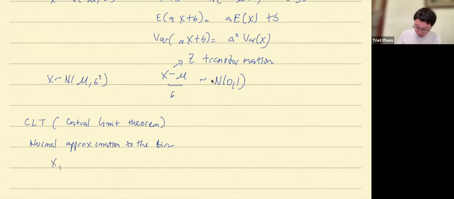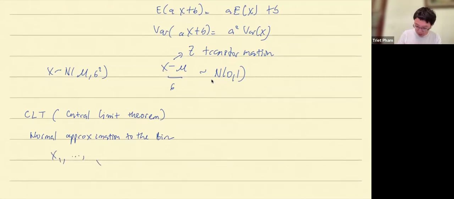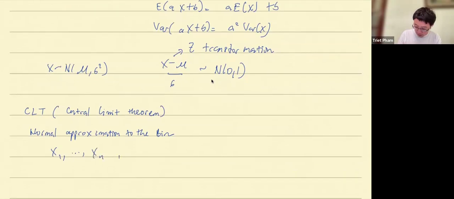If you have x1 up to xn, IID, which means independent, identically distributed. I think we talked about this before.